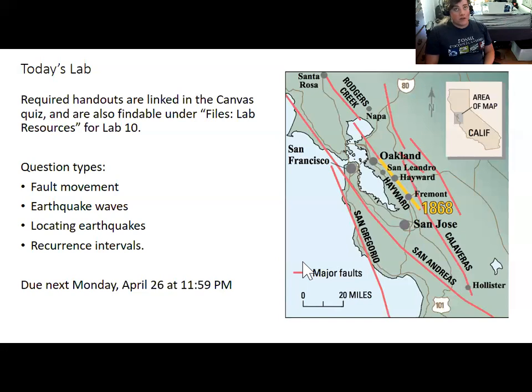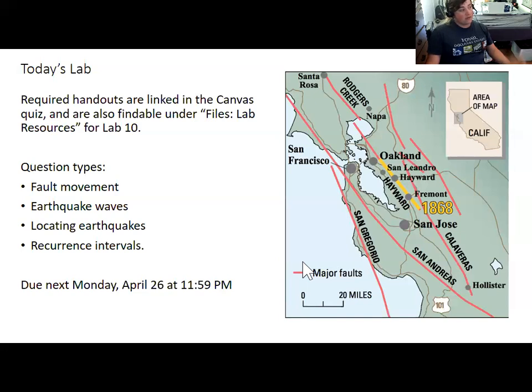The question that you are uploading your answer to under the submission window is one where you are locating earthquakes, because we locate earthquakes by measuring when the waves arrive. And we can't usually simply use one location.